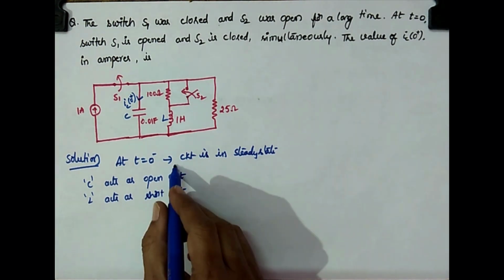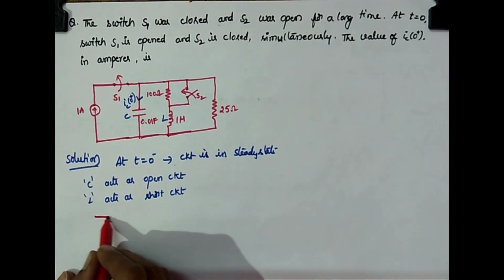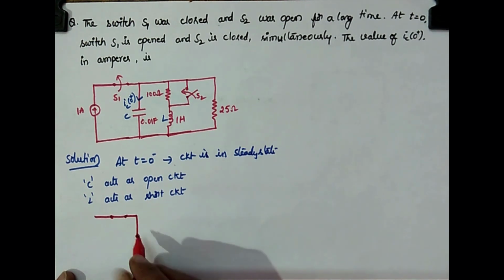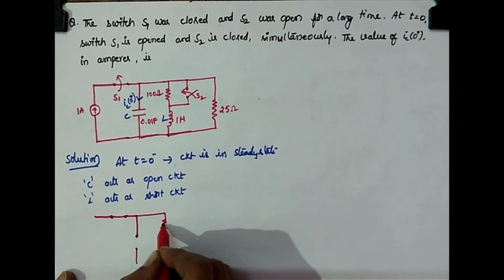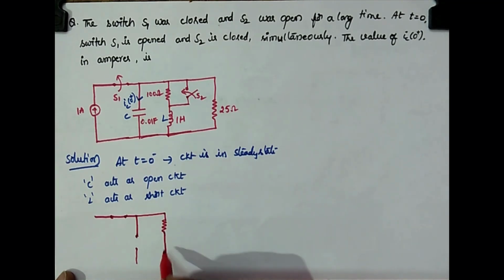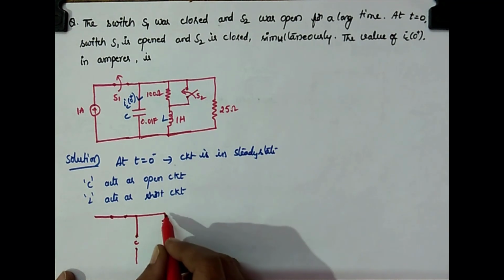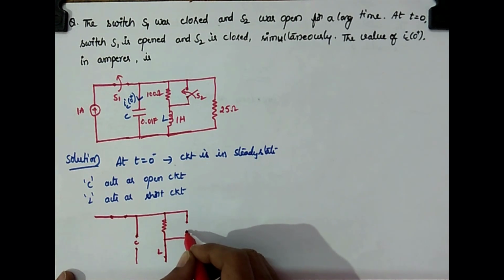Now with these conditions, I'll redraw the circuit. S1 is closed, the capacitor is open, the inductor is short, and this is switch S2.